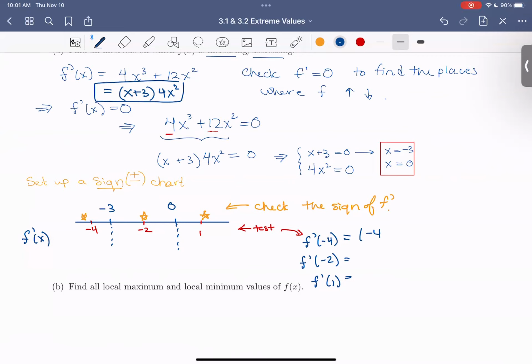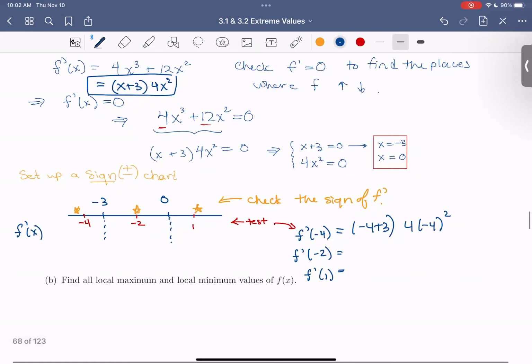We get -4 plus 3 times 4 times -4 squared. Notice -4 squared is positive, and -4 plus 3 is -1. So we have a negative times a positive, and this whole thing is going to be negative, or less than 0. So I'm going to put negative in that interval on the left here.